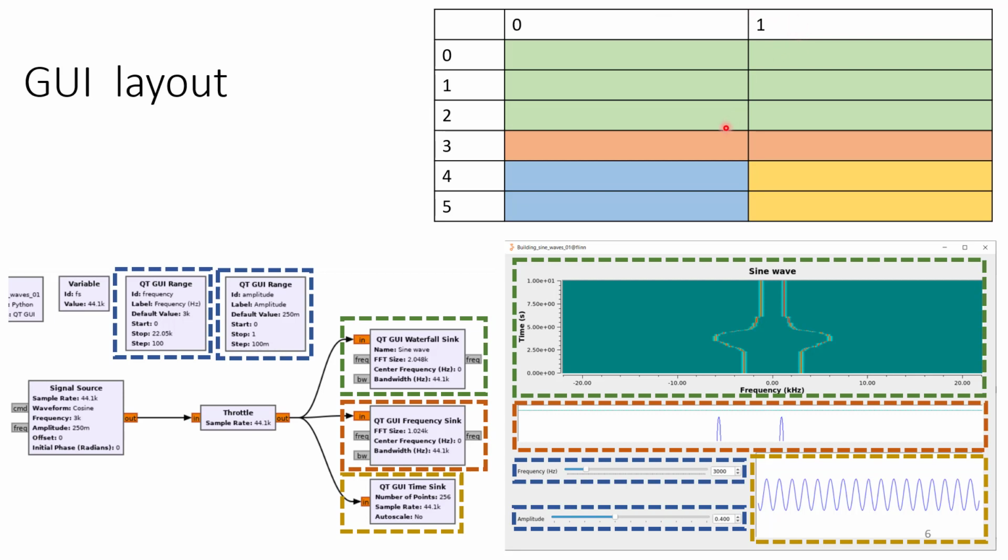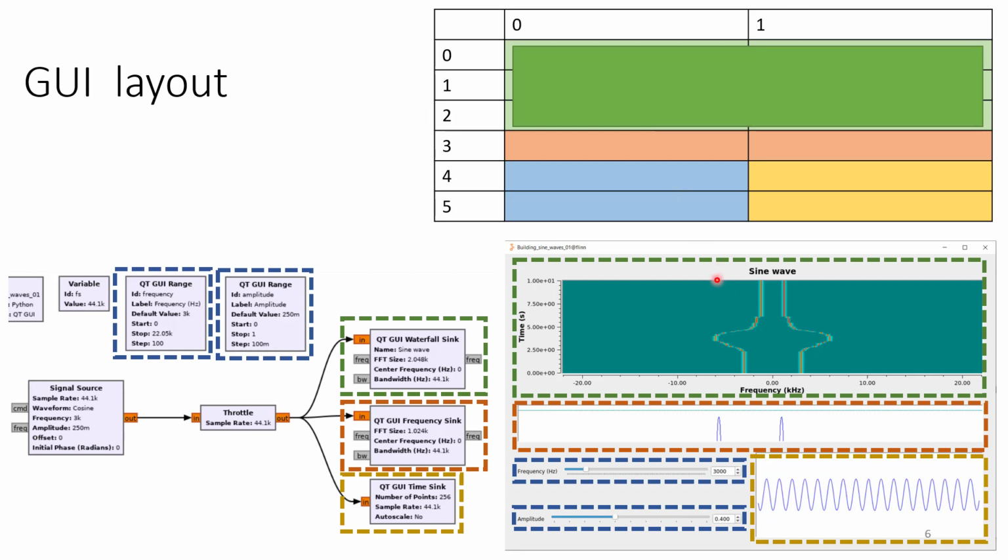So to tell GNU Radio where we want the waterfall component, we tell it in these GUI hints that we want the waterfall to start at row 0. And then we say where to start column-wise, which would be column 0. And then we tell it the row height.